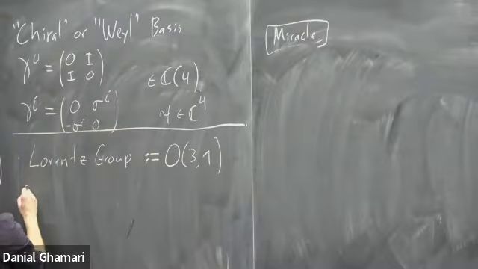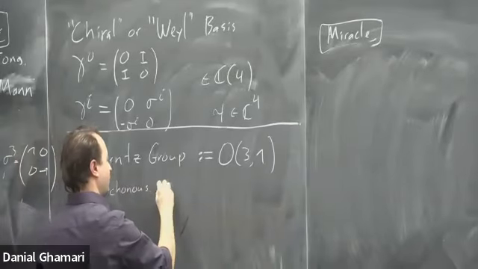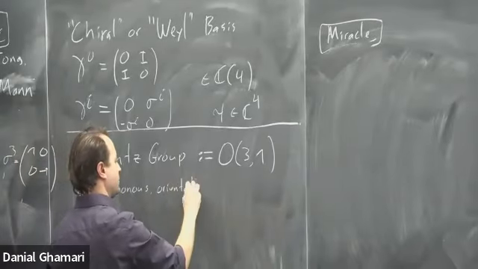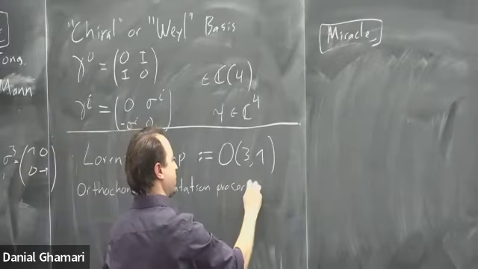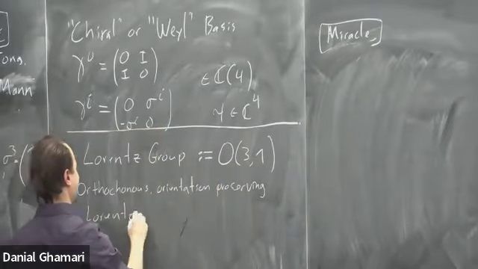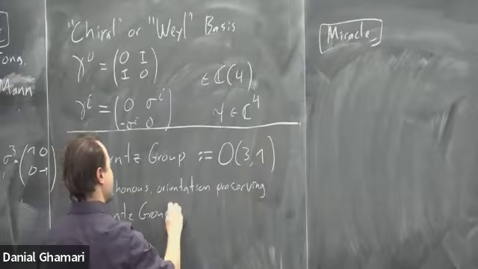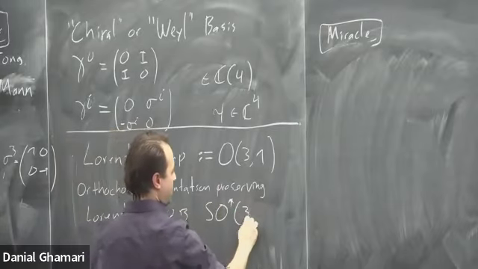And we're going to say that the orthochronous orientation preserving Lorentz group is SO upward arrow 3, 1.